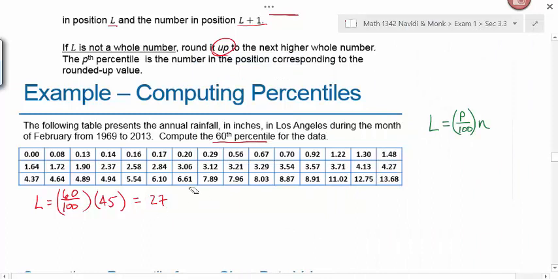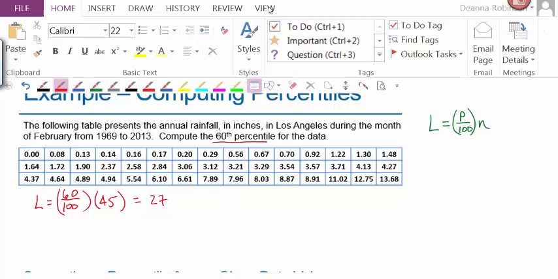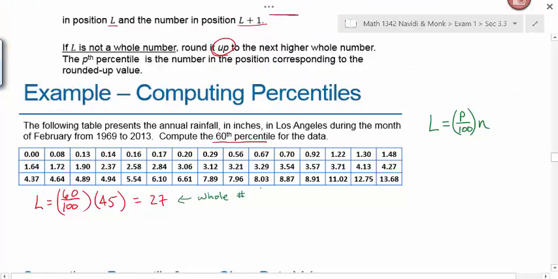27 is not the 60th percentile. 27 isn't even a number in the list. It's the location of the number, the data value, that represents the 60th percentile. Now, this is a whole number. So I need to take the number that's in the 27th position and the 28th position, and I average those two numbers together. My answer here will be the average of the 27th and 28th numbers in our list of sorted data.